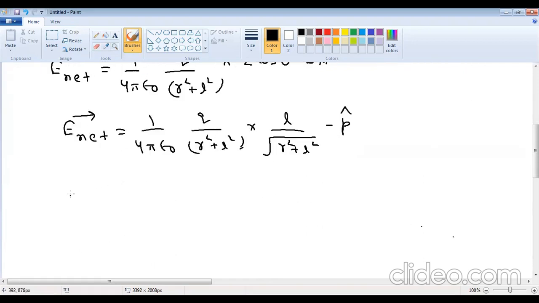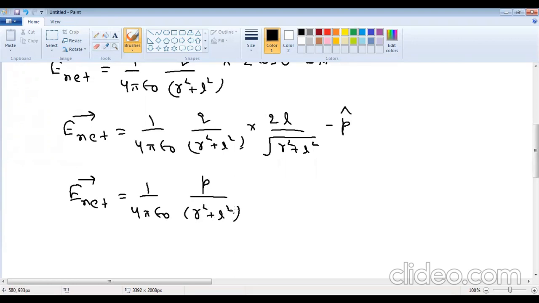So this is how we get the expression of the net electric field because of this dipole on its equatorial line. Two, somehow we missed, it is also here. So this Q into 2L, we know that this is nothing but the electric dipole moment.